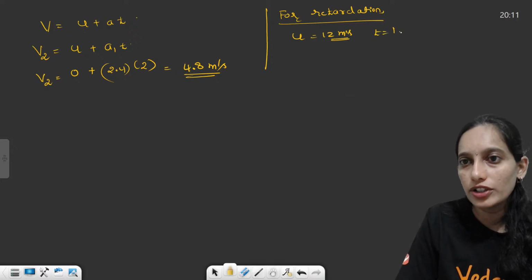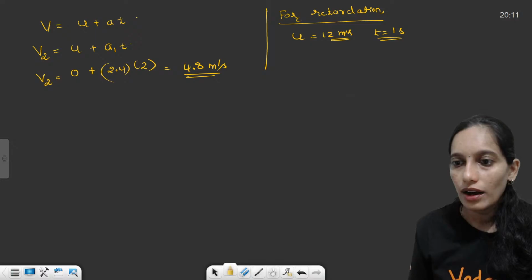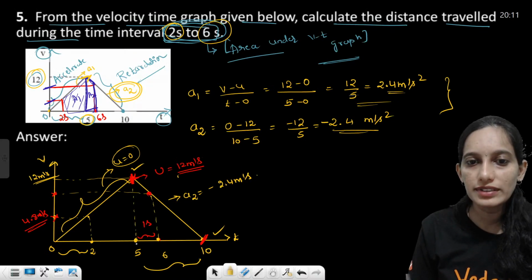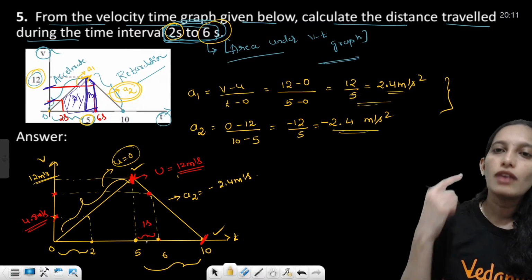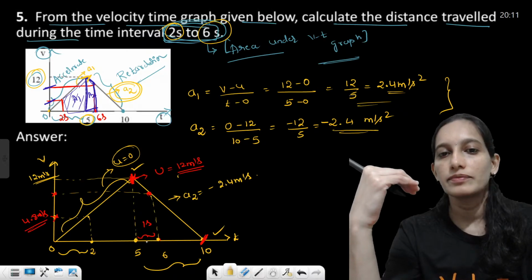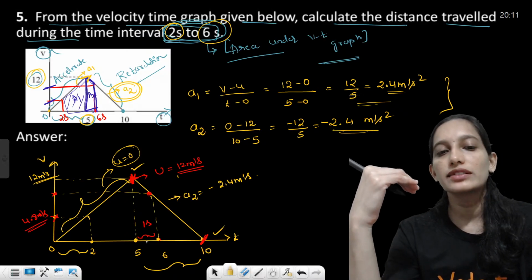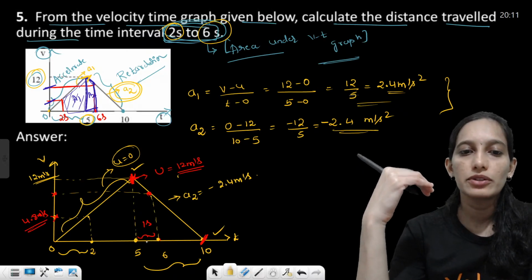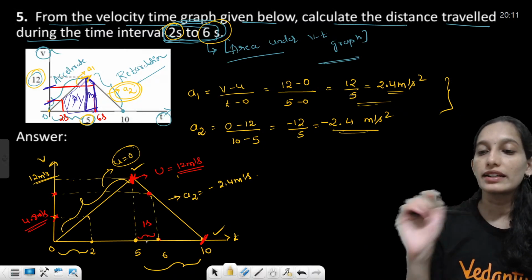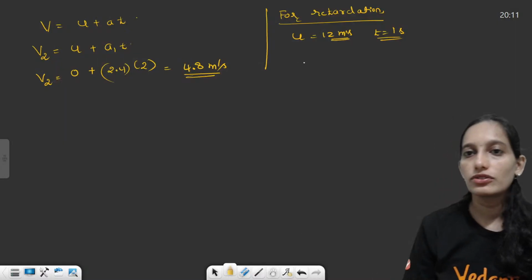And what is the time duration? 1 second, because the retarded motion starts at 5 seconds. So in that 1 second between 5 and 6 seconds, what is the final velocity? At the end of 6 seconds, we have to find out the velocity. At 5 seconds I know it is 12 meter per second. So we have to find out the velocity at the end of that 1 second.